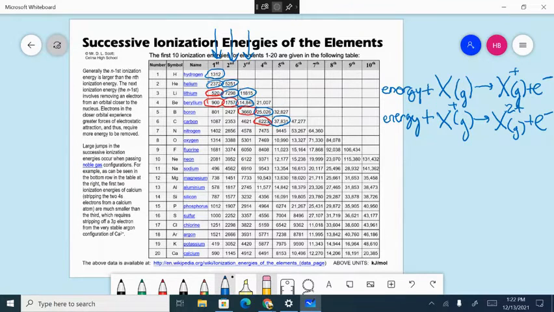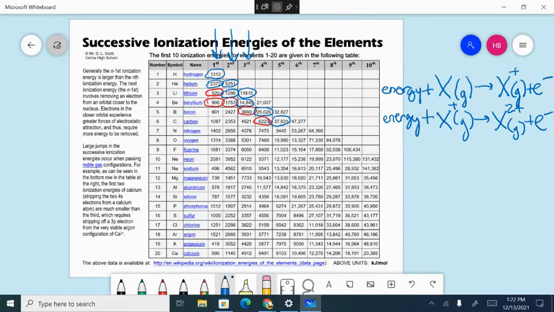So on the AP exam, they will ask you a question. They'll give you the successive ionization energies, and they'll say something like, it's in the third principal energy level. So they'll give you a list, and they won't tell you what element you're talking about. So what you're looking for, and I give you practice problems from the AP exam, is that huge jump to tell you how many valence electrons a substance has.